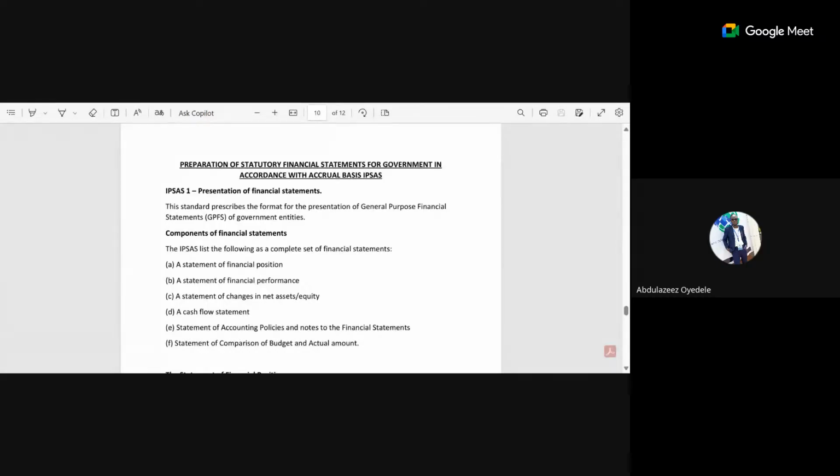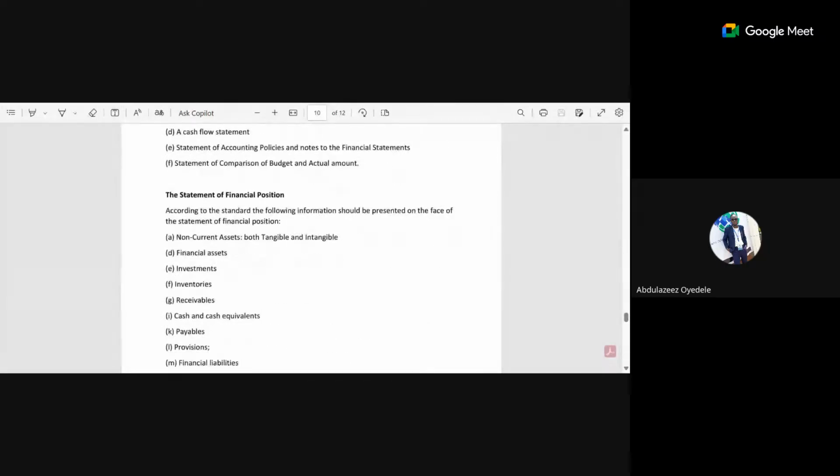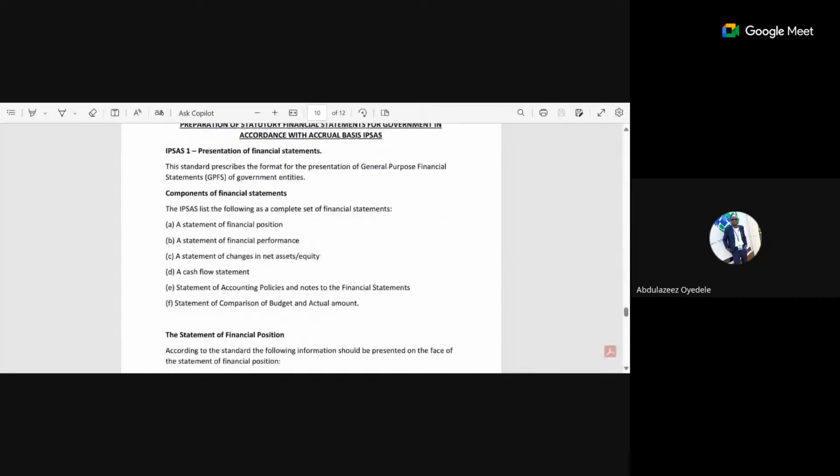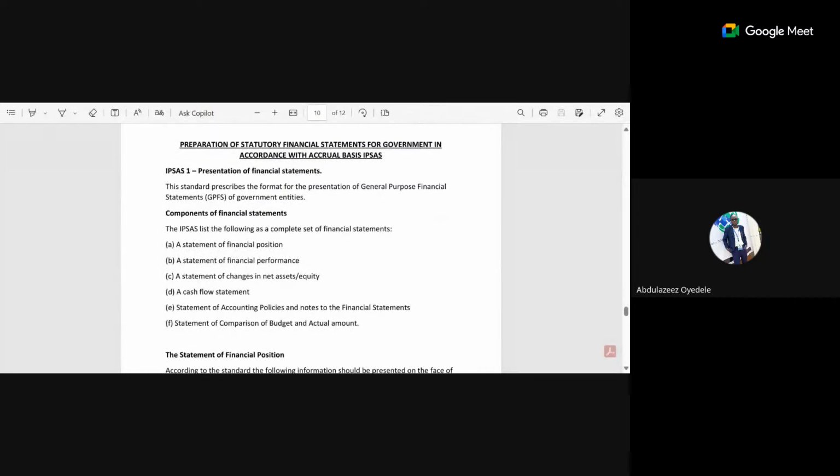and it's expected to be part of the component of financial statements of government. That is, I think that's IPSAS 24. So let's look at these statements one after the other and see what they look like.